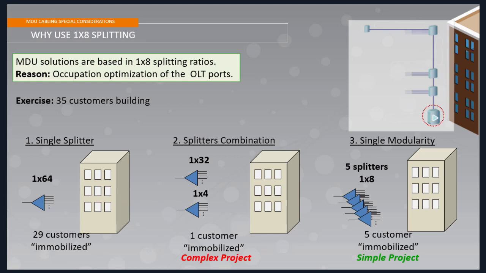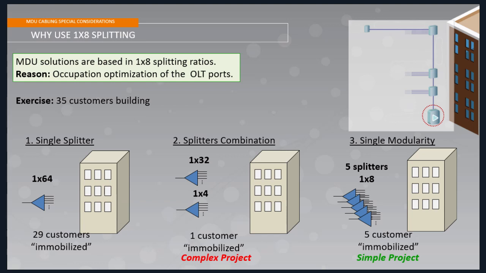That's right, but you can't design every building in a city or every area looking into specific combinations in such detail. It would take too much and your design would be a mess. But if you apply the third mode, which is the single modularity, you can place 5 splitters of 1/8, and at the end you are losing just 5 customers in your central office, let's say, in that OLT port.